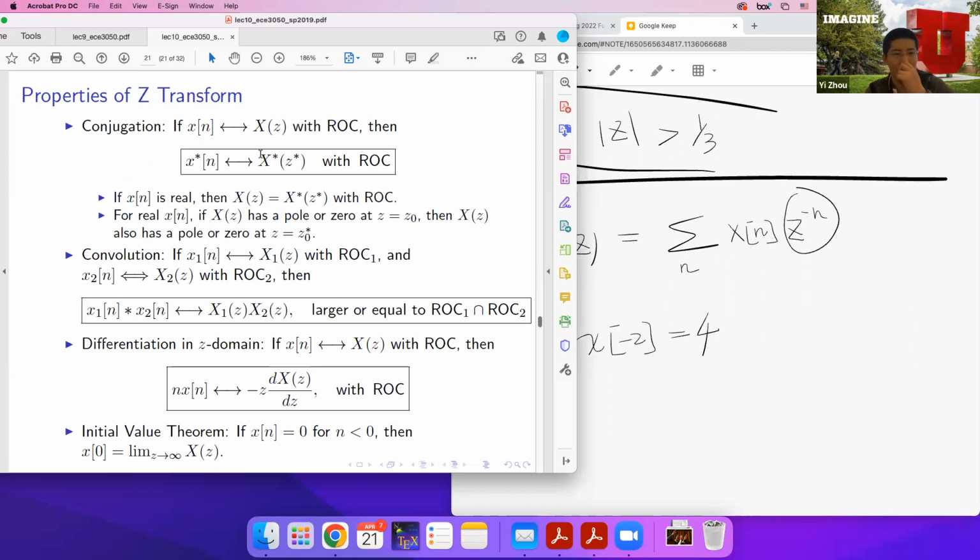And conjugation, the conjugation is a little bit different. So if we look at the conjugate of a signal, the corresponding Z transform is X conjugate of z conjugate. So there are two conjugates here.